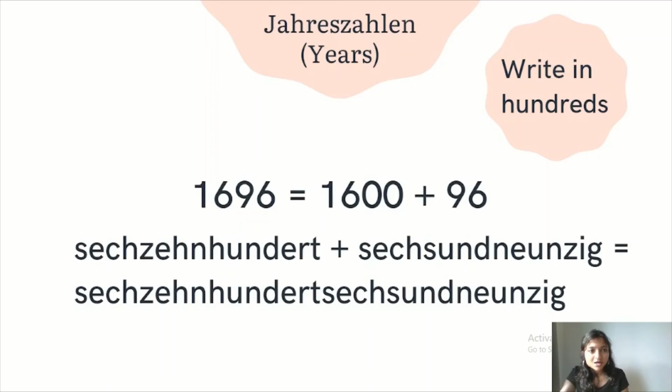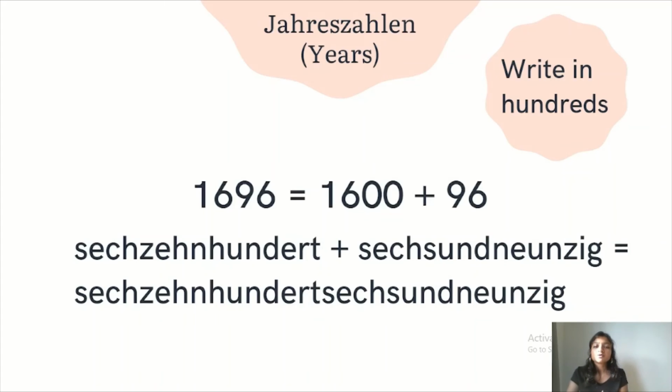Jahrzahlen. How do we write years in Deutsch or in German? So 1696. We say, when were you born? So if we say that I was born in 1696, we say first two numbers together. Similarly, we write in German 1600 plus 96 and not 1000 plus 600 plus 96.